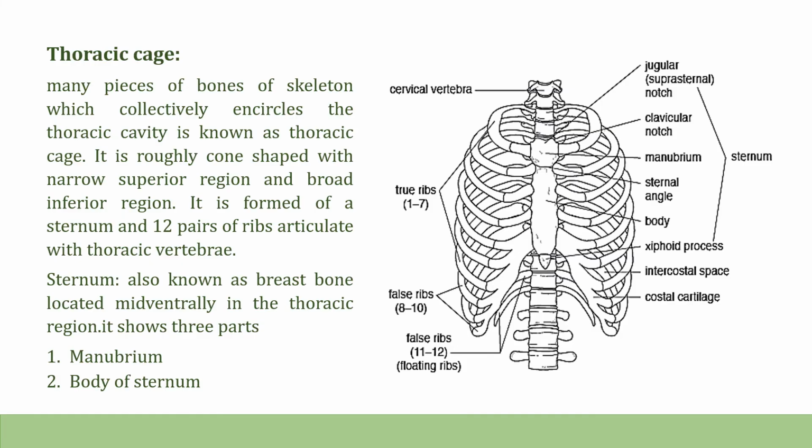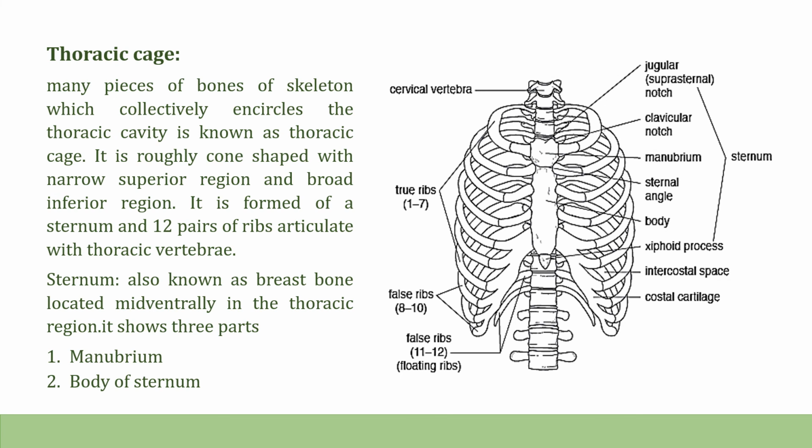Then let us see the thoracic cage. Here we can see the diagrammatic representation of the thoracic cage. The thoracic cage consists of 24 ribs, as we already saw: the true ribs 1 to 7, the false ribs 8 to 10, and then the floating ribs, which are 11 and 12.